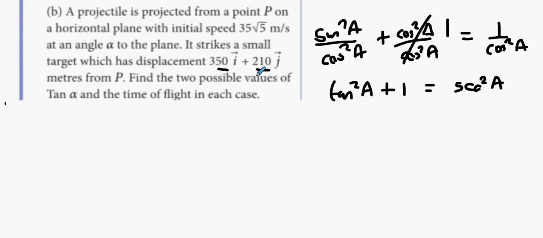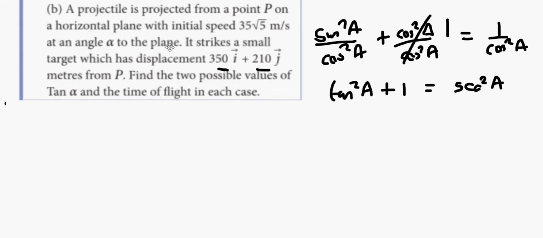If it strikes the target, that's its time of flight, because it isn't going any further, is it? So time of flight now has a new definition because it hits the target. It doesn't just miss the target, it actually hits the target. So, in this case, we're going to find 2 possible values of tan alpha and find the time of flight in each case. No bother, easy money.